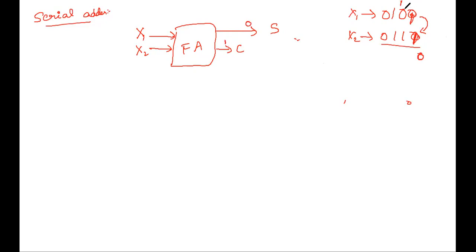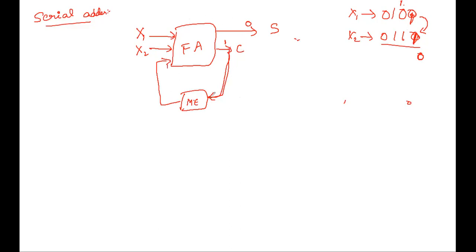This carry I am storing in a memory element. After that we have to perform 3-bit addition, because a full adder means 3-bit addition. This 1 will be stored here and comes back as input, so we get a 3-bit addition.